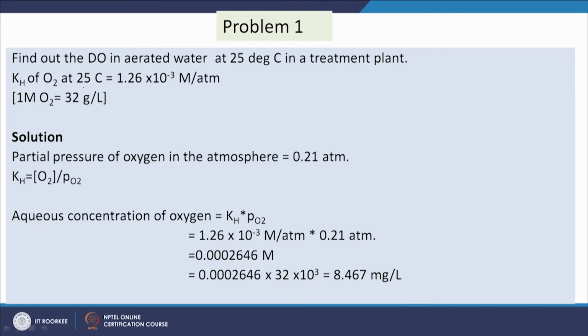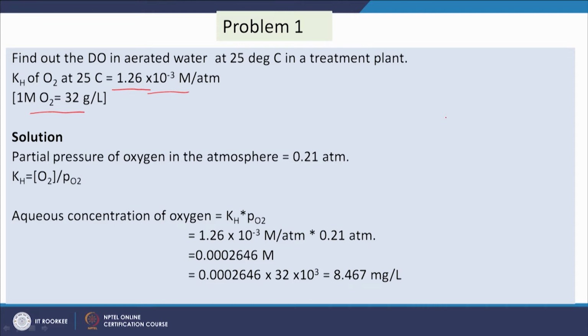Kh of O2 at 25 degree centigrade is 1.26 into 10 to the power minus 3 M per atmosphere. Kh is the Henry's constant, and the molecular weight of oxygen is 32 gram per mole. So we have to find out the DO in aerated water.